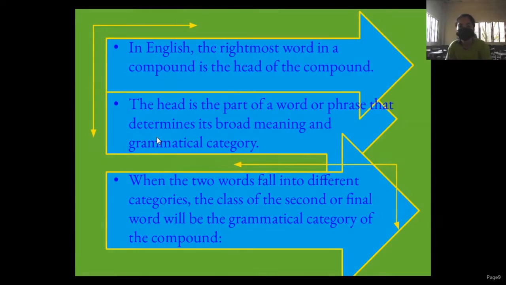The head is the part of the word or phrase that determines its broad meaning and grammatical category. When the two words fall into different categories, the class of the second or final word will be the grammatical category of the compound.